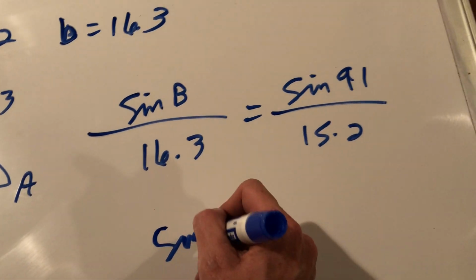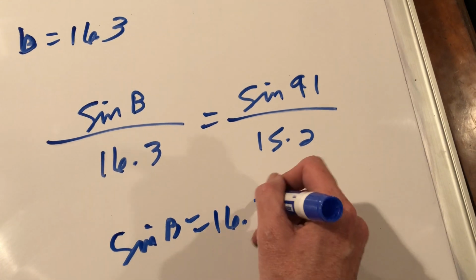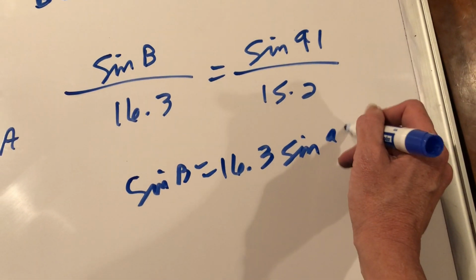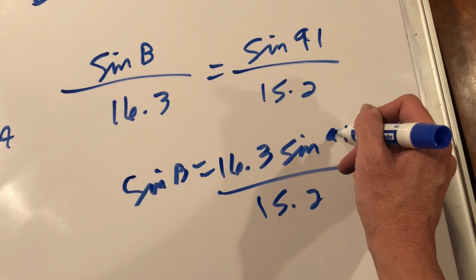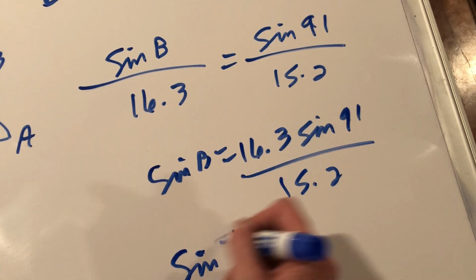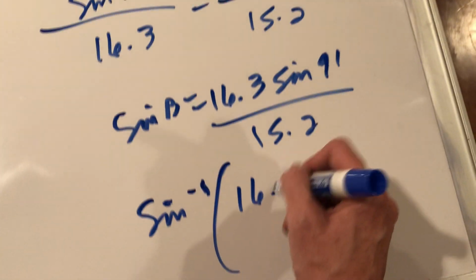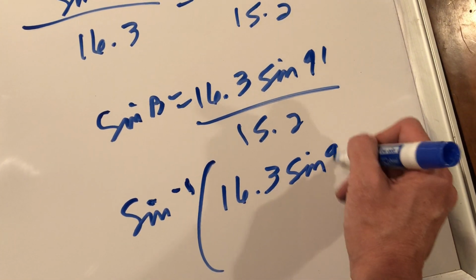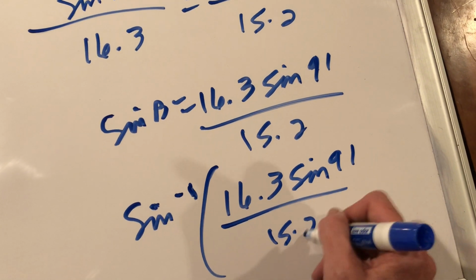So again, one move to make, 16.3 sine 91 over 15.2. Then you're going to do the inverse sine of all that stuff.